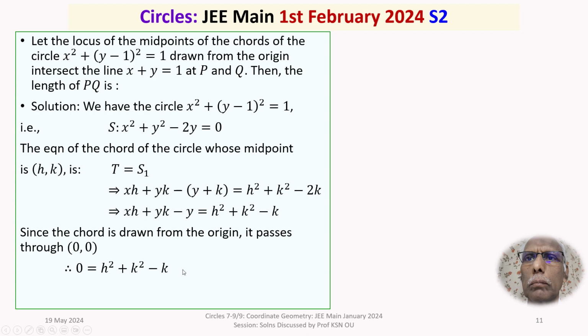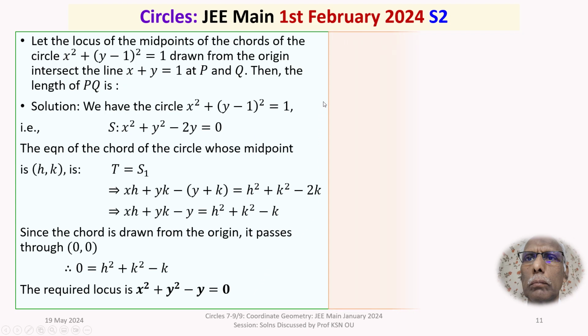So that is the equation. The locus is now obtained by replacing (h, k) by (x, y). So therefore the required locus is x² + y² − y = 0. Thus we got the locus.